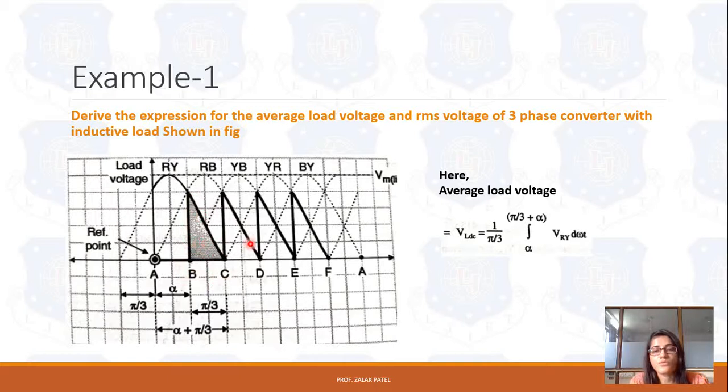So this dark portion's limit should be alpha to pi by 3 plus alpha, and this voltage is nothing but V of Ry. That's why over here we have V of Ry d omega t. Now we have to take the integration of it and we can find the average load voltage. So let's start.